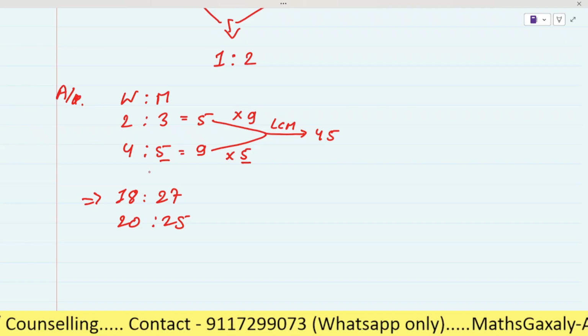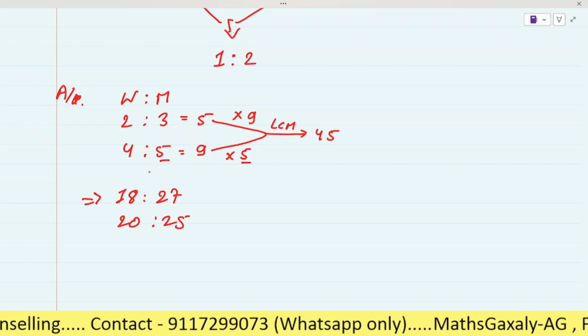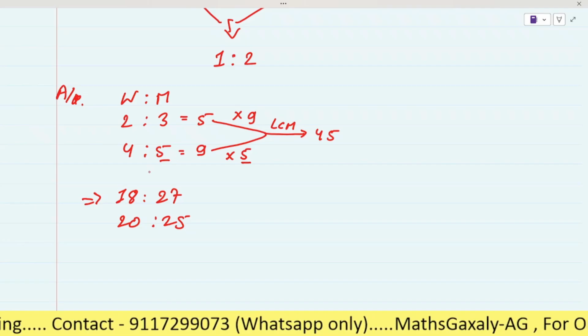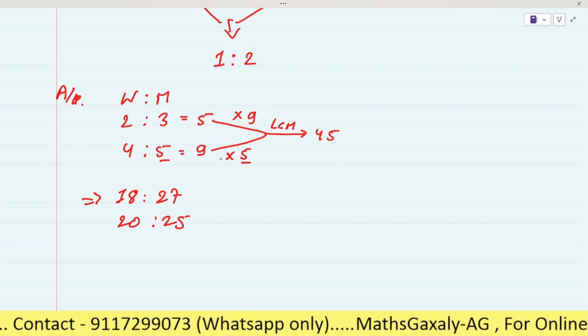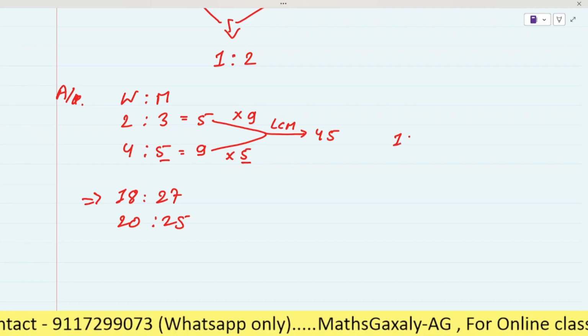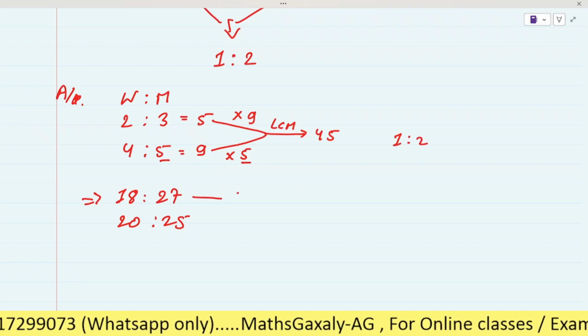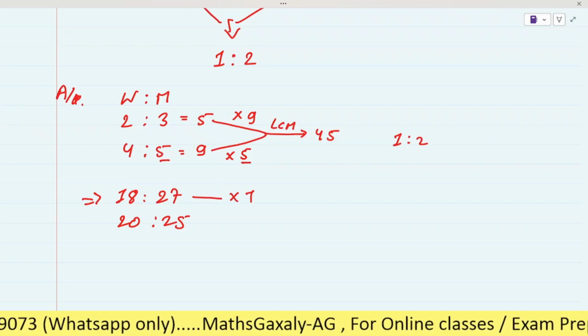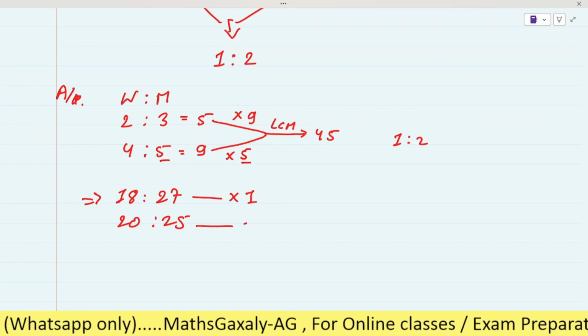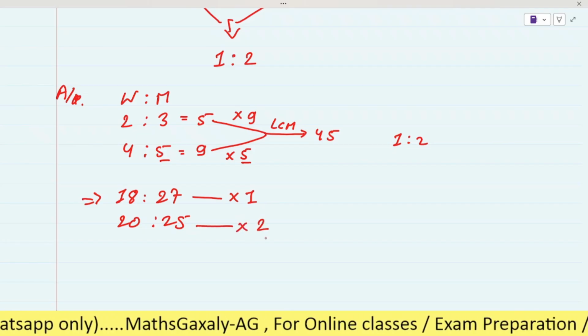But here one more point is given, that these quantities are mixing in the ratio of 1 is to 2, right? It means the first vessel we have to multiply by 1, and the second vessel we have to multiply by 2.